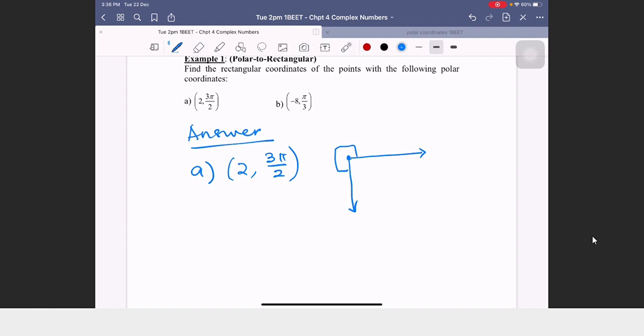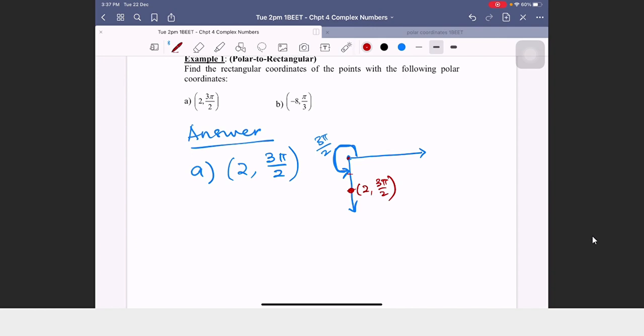This is your 3 pi over 2, or 270 degrees. From the pole, just measure 2 units, assuming this is 1, 2. This is the point 2, 3 pi over 2.